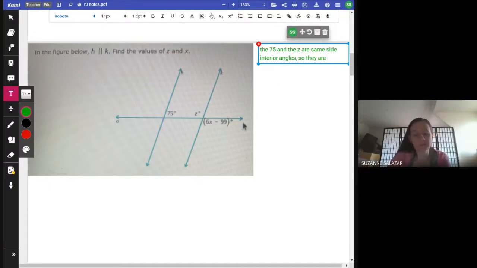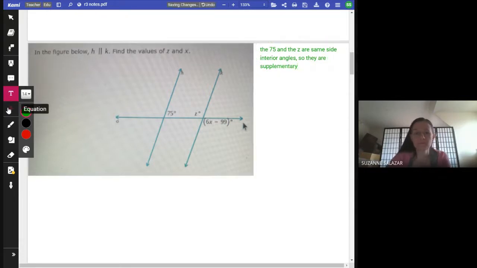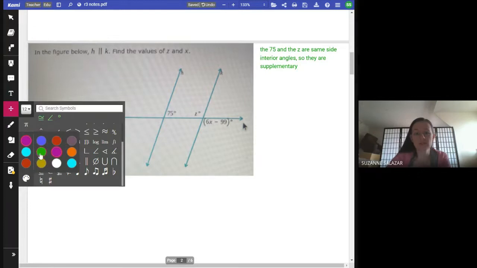So they're supplementary. And then I can set up my equation based on that. So if they're supplementary, that means that 75 plus Z equals 180. So we subtract 75 from both sides.